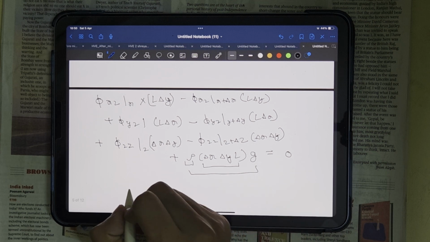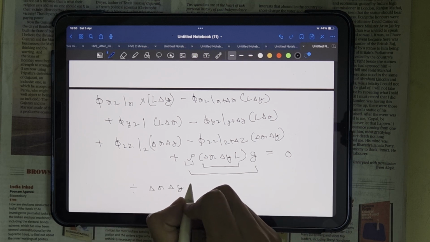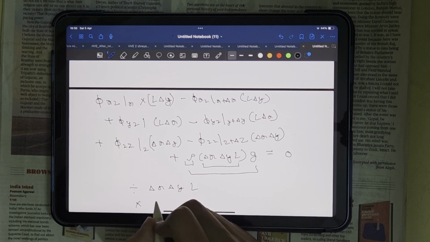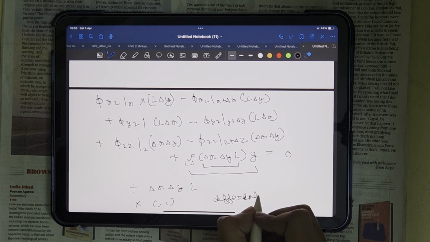Now we will divide this equation by delta x, delta y and L, and then we will multiply with minus 1, and then we will use differential properties.